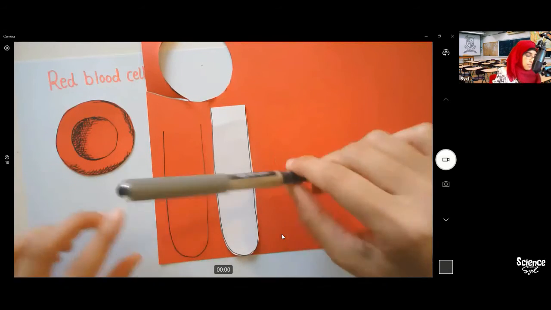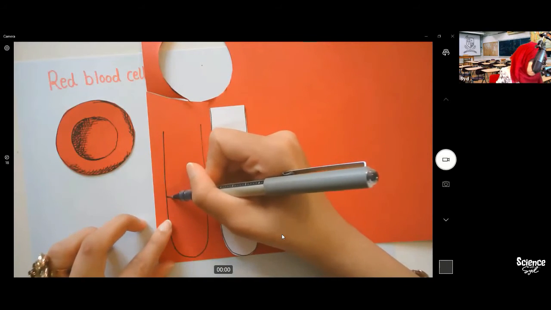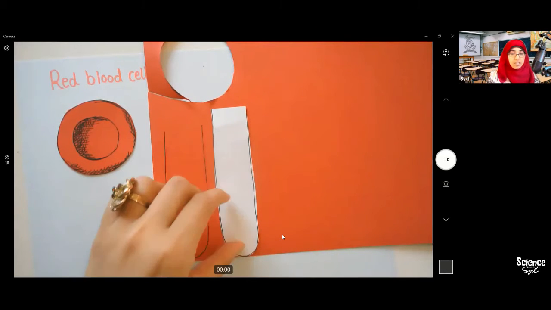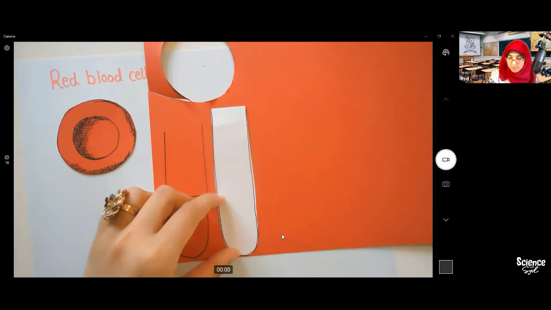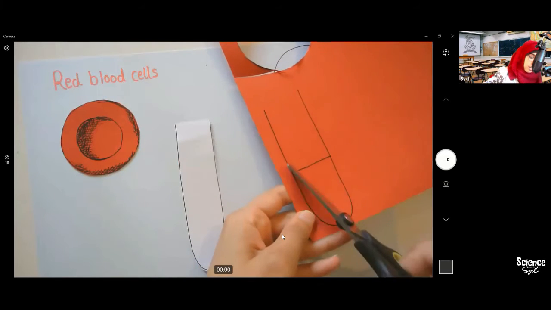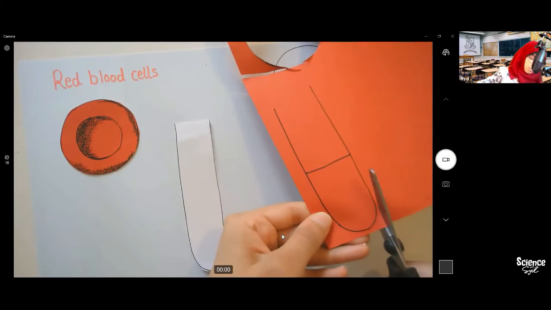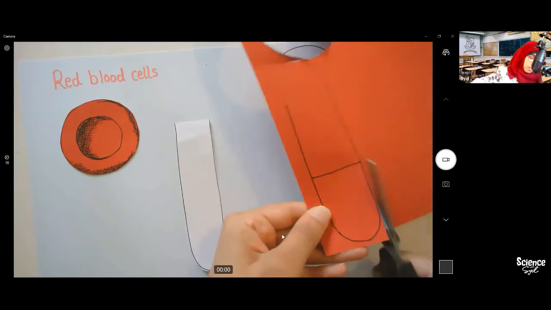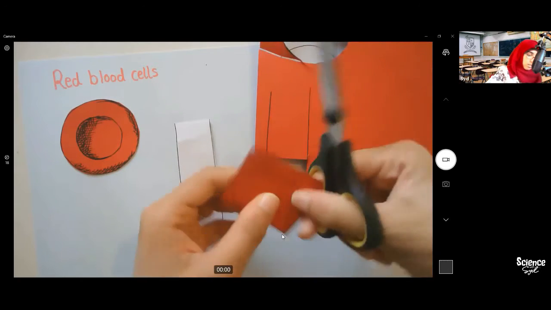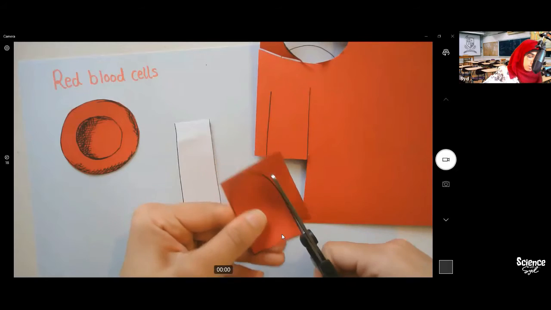So 45, I'm going to do around here. And red blood cells are quite high in density. So they're the ones that are going to go at the bottom of the test tube. So I'm going to cut this bit out, just the bit that I've actually put at 45. So here, I'm going to go around here and we're going to cut this out.